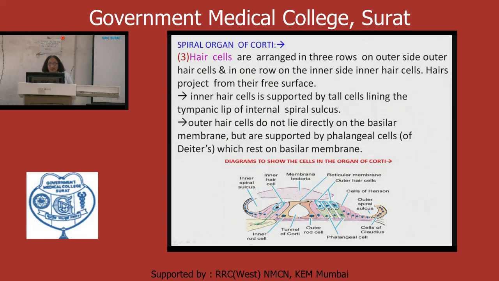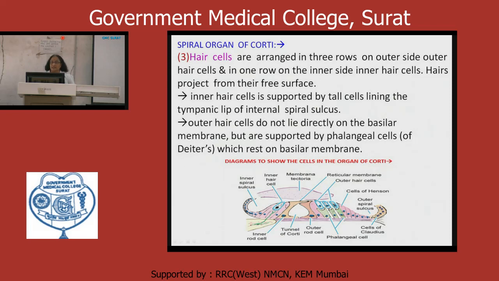On the outer side are the outer hair cells, 3 rows in number, and on the inner side is 1 row of inner hair cells.